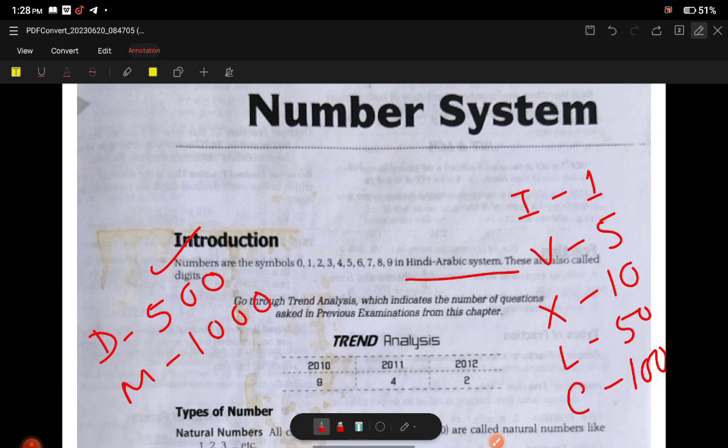Right, using these 7 symbols we can write any number.